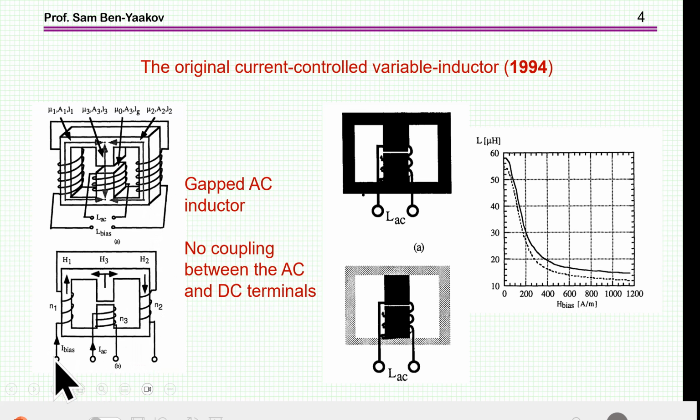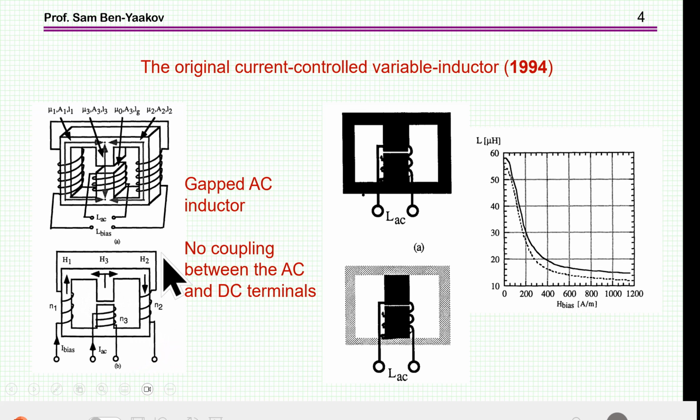And therefore, at the input terminal of the bias, we see theoretically zero. Practically, we see some AC voltage. So this sort of overcomes the problem of coupling because there is a cancellation of the AC voltage. This is the main advantage of this structure.